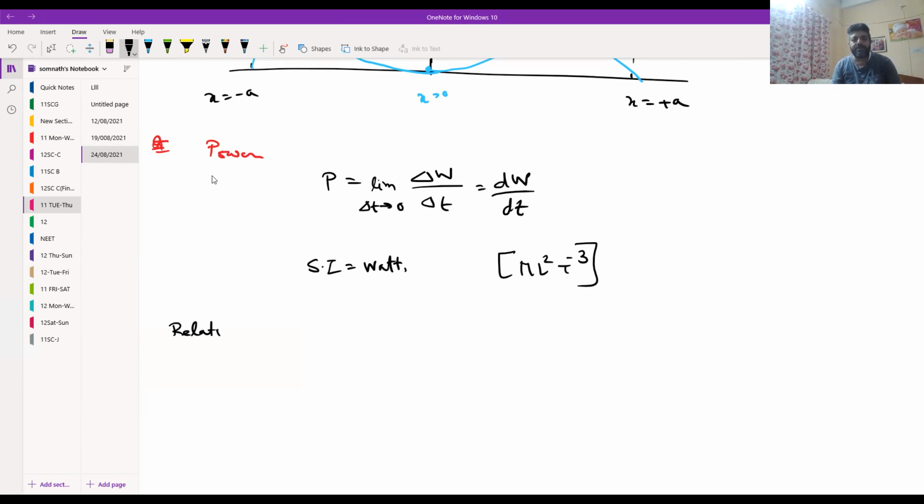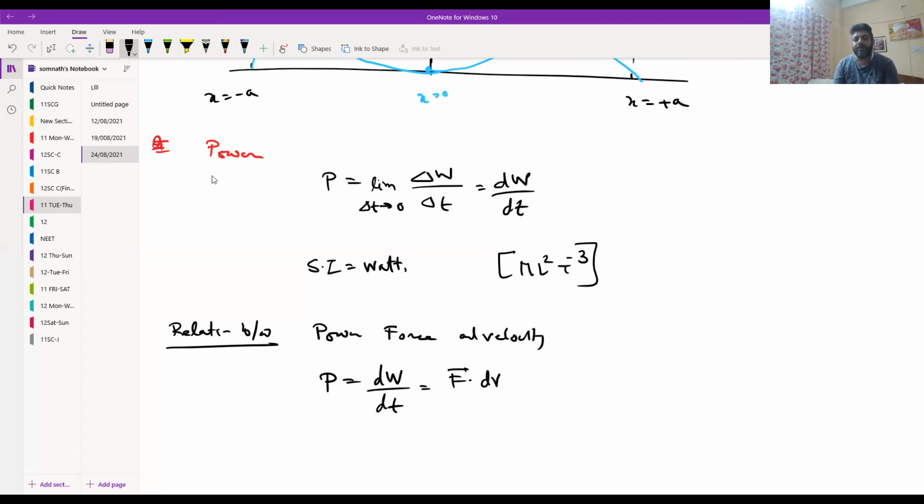Relation between power, force and velocity. So we know power is work done by time, that is dW by dt, and we know work done is F dot dr. So dr by dt, displacement with respect to time, is the velocity.